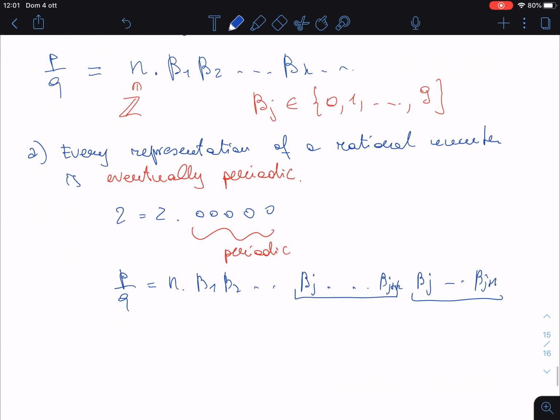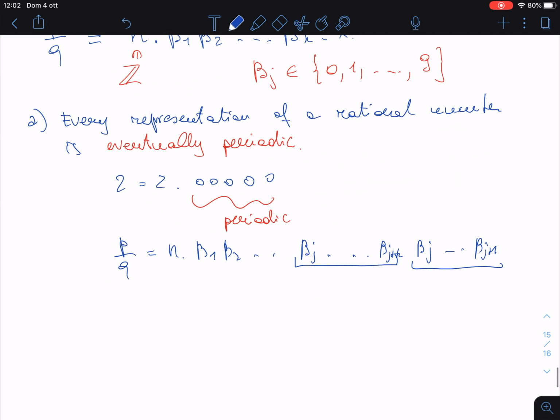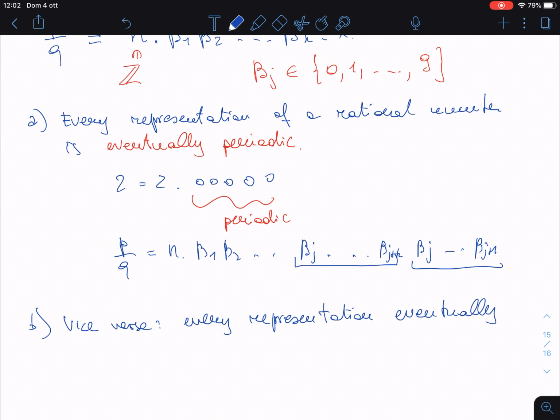Second, vice versa, every representation which is eventually periodic denotes a rational number.